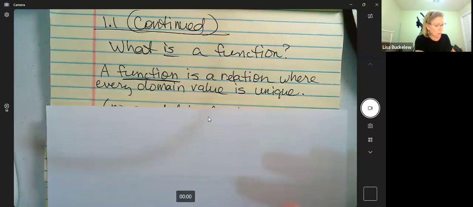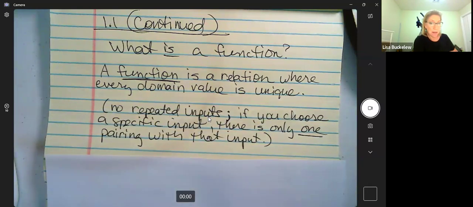So in other words, if every domain value is unique, that means you're not going to have points that have two of the same X value, no repeated inputs. If you have two ordered pairs that have the same X value but different Y values, then the Y value doesn't depend on X because I could choose that X value and still not be able to figure out what Y is because there's more than one possibility.